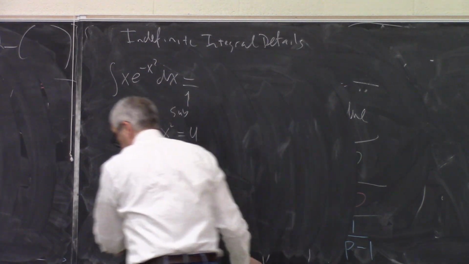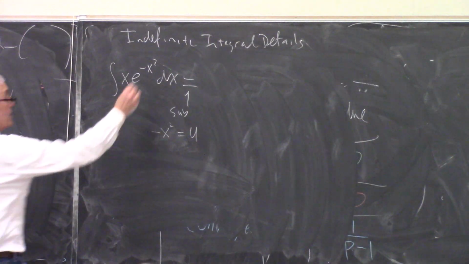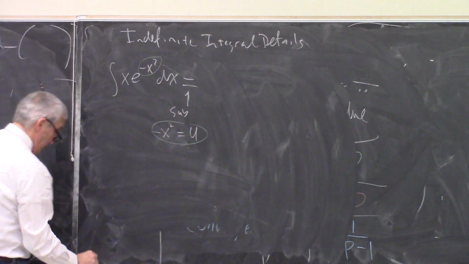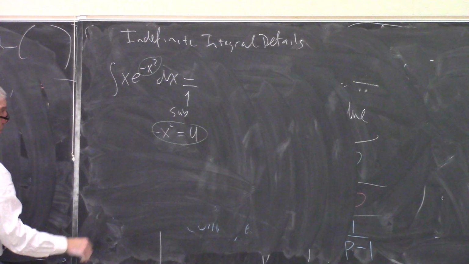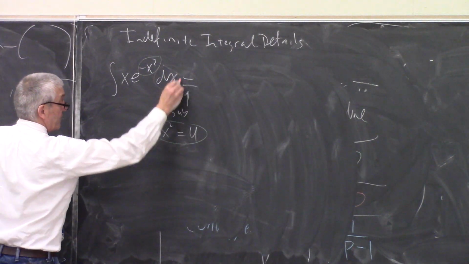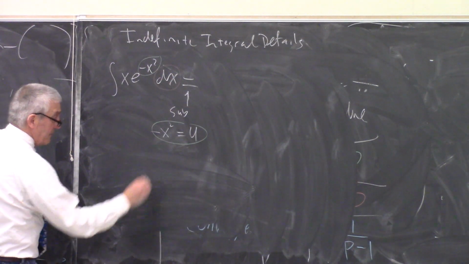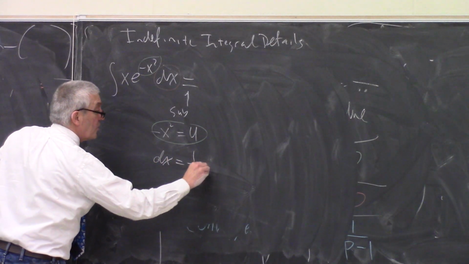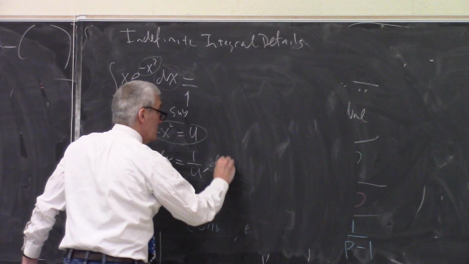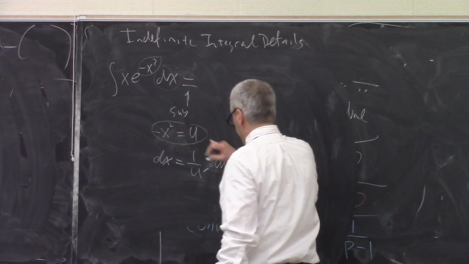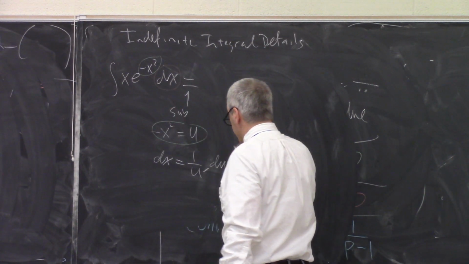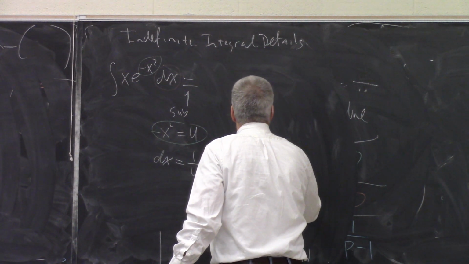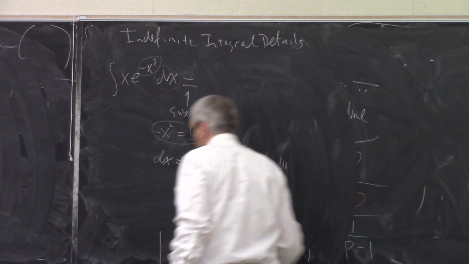So that's going to give me a new version of the inner function. And then I always did this the same way in Calc 1. I would get a new version of the dx. Well, the dx, remember, is 1 over u prime du. Well, u is minus x squared, so u prime is minus 2x. So minus 1 over 2x du. So there's my red substitution.